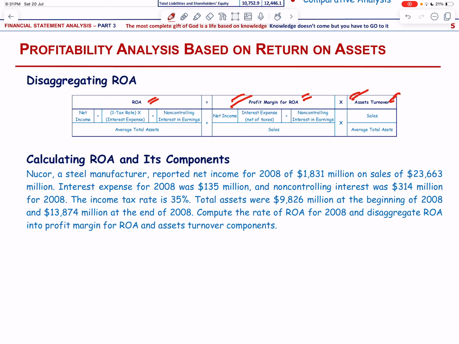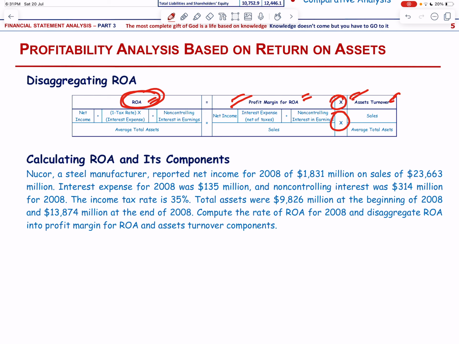The product of these two, profit margin times assets turnover, gives us the return on assets, which indicates the overall effectiveness of the company in generating profits from its assets.